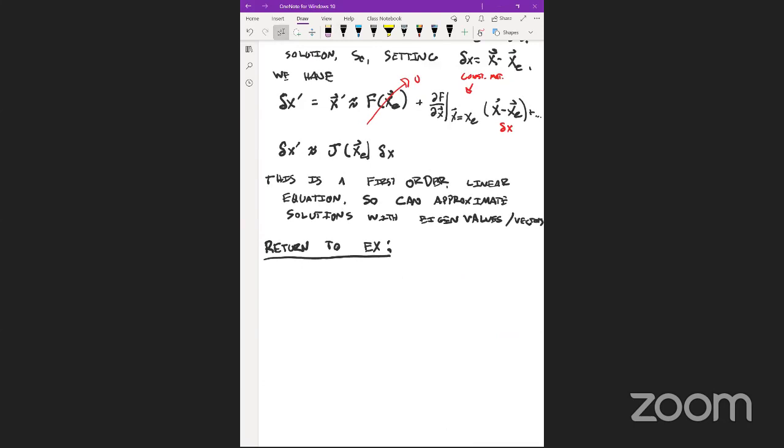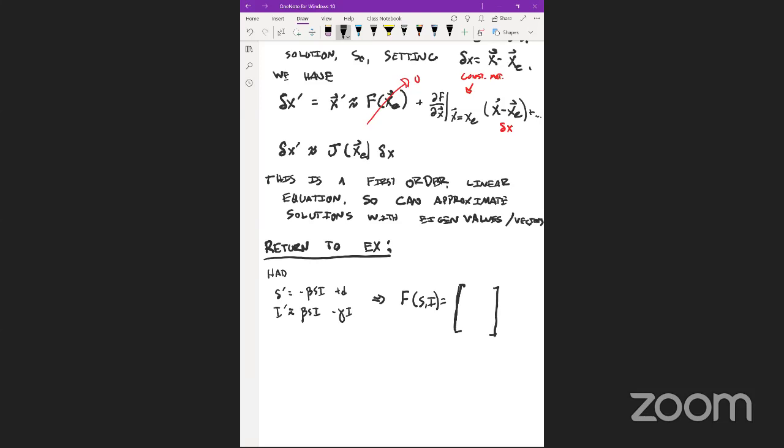So we had S prime equals minus beta S I plus D. We had I prime equals beta S I minus gamma I. And so what this means is that our F of S, I is a two-component function.